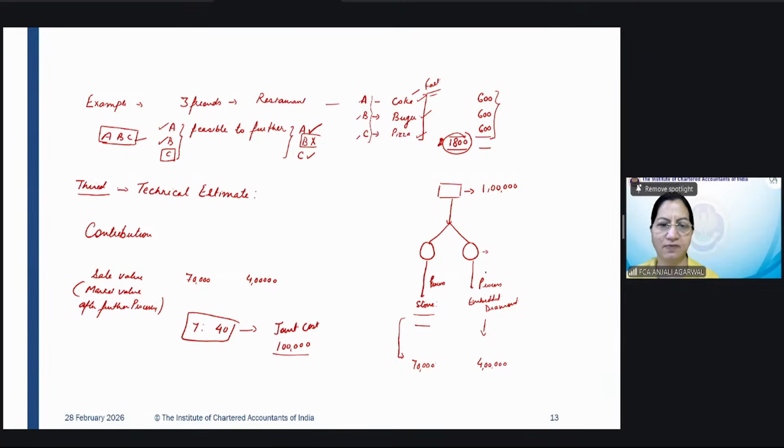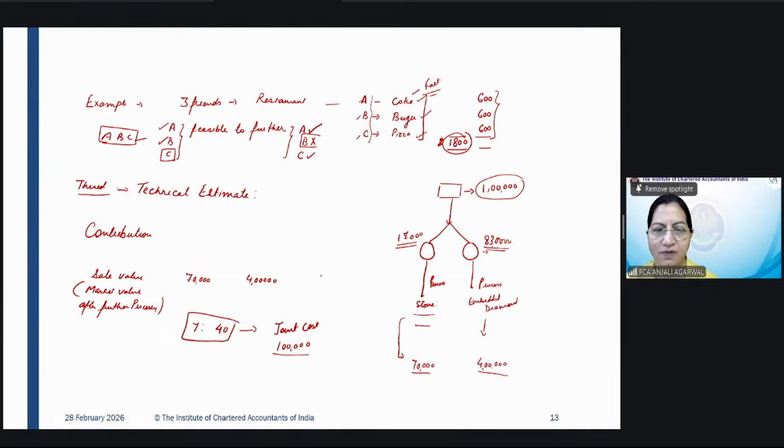Most of the cost would be allocated to the second ring, roughly 83,000 or 84,000, and 17,000 to the first. I haven't done the exact calculation. It's very inappropriate because both rings incurred 50-50 of the total joint cost of 1 lakh.